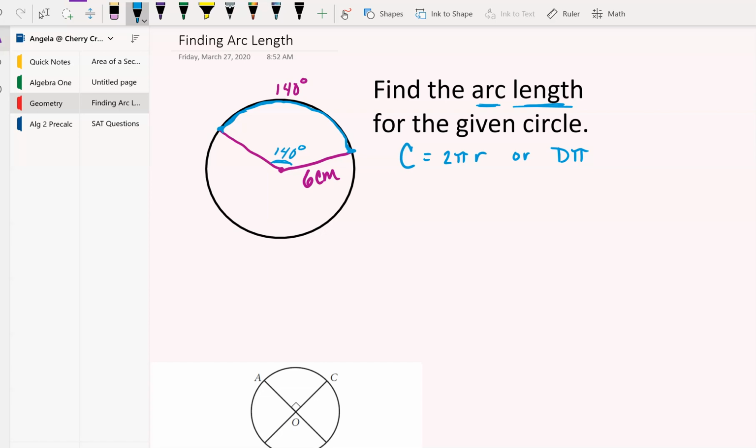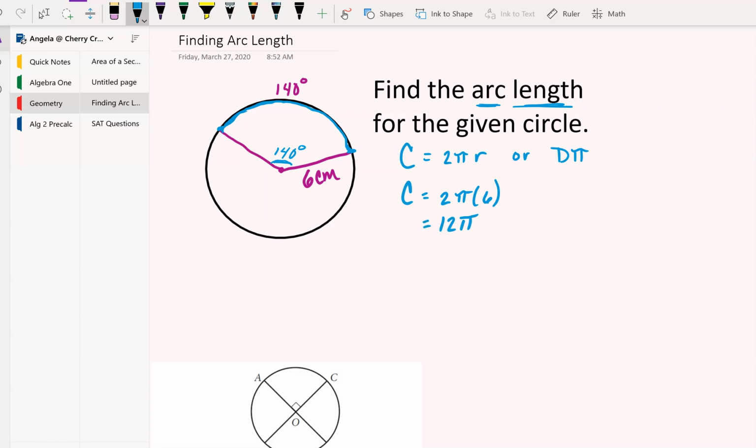So again, anytime we're working with a part of the circle, we're going to need to figure out what the whole circle is first, and then be able to make this comparison for the part that we're working with. So we're going to find the circumference by taking 2 times pi times our radius, which is 6. So that's going to be 12 pi.